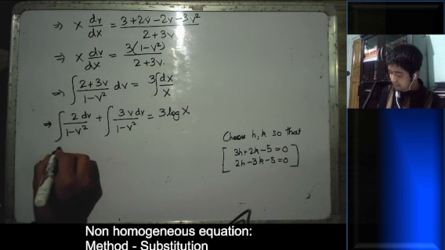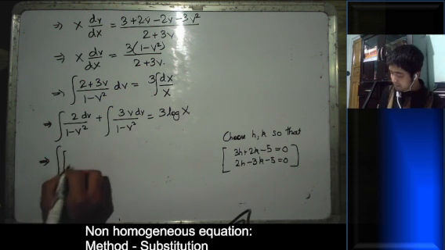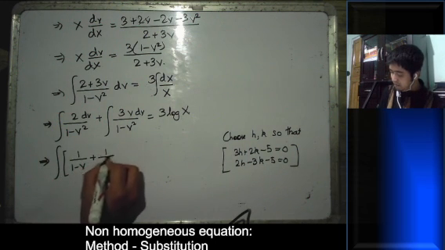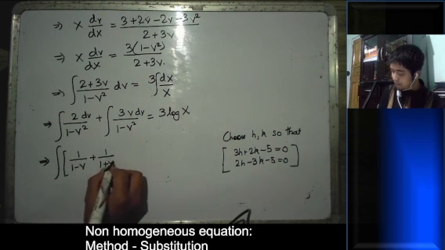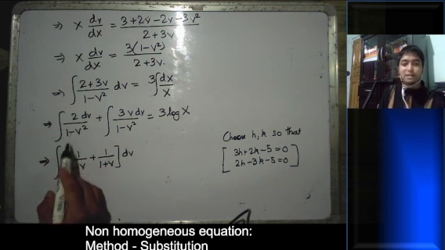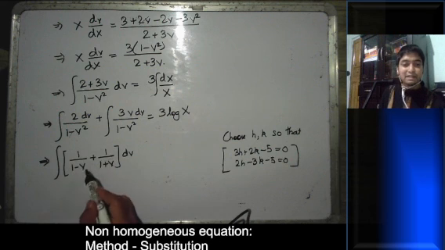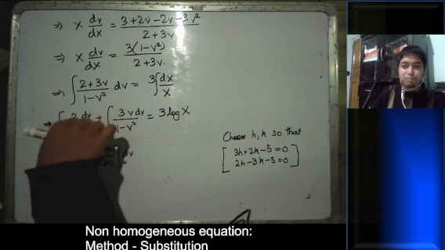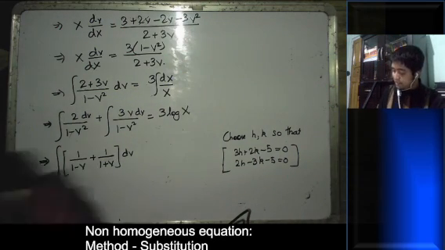Here you can notice that we can write it like this: 1 divided by 1 minus v plus 1 divided by 1 plus v. Okay, so if you have 2 over 1 minus v square, you can do it like this, or you can even use partial fractions. If you use partial fractions, you will be getting this same answer.